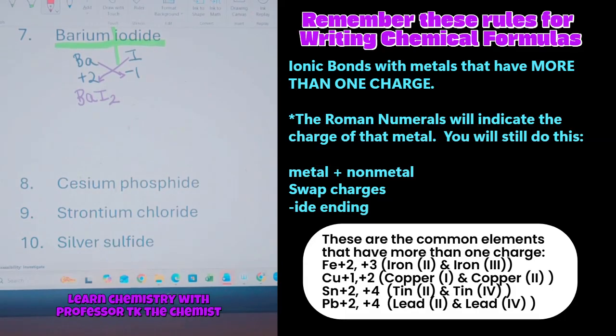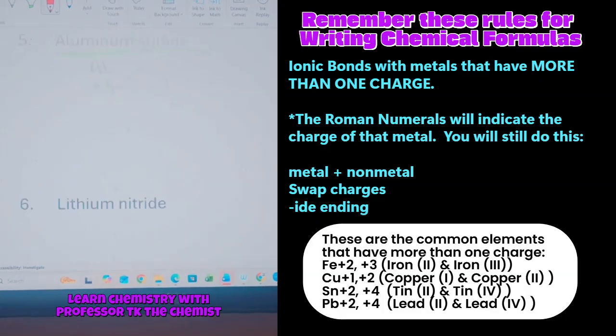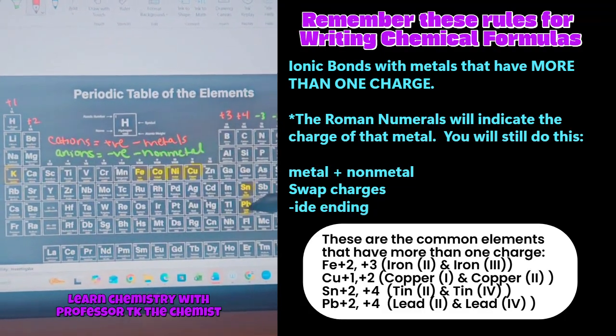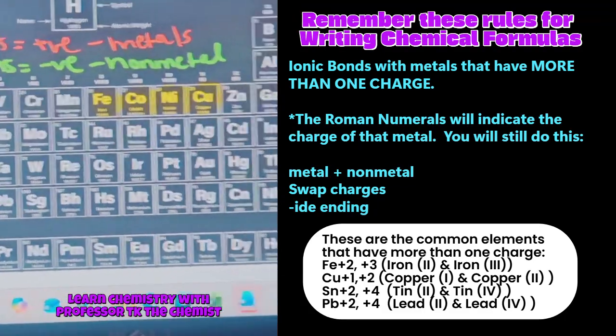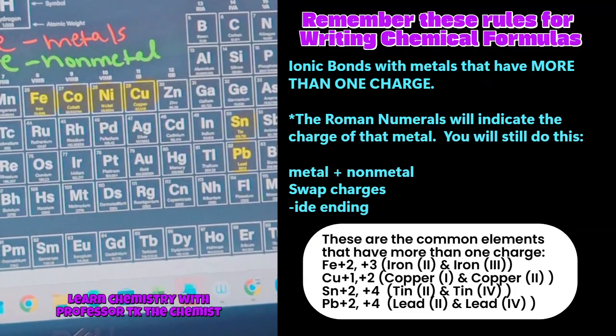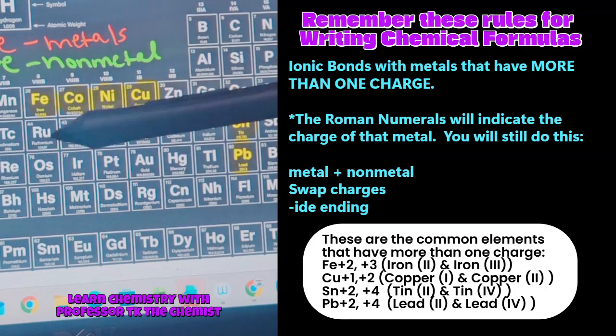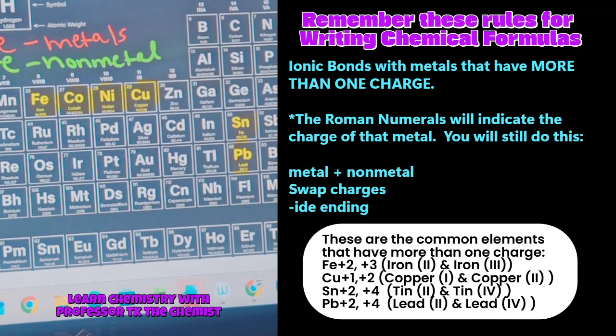Only your transition metals, which are those elements found in the middle, plus these other 2 over here, lead and tin, are the ones that have more than 1 charge. If they have more than 1 charge, we identify them by using Roman numerals. It's that simple.